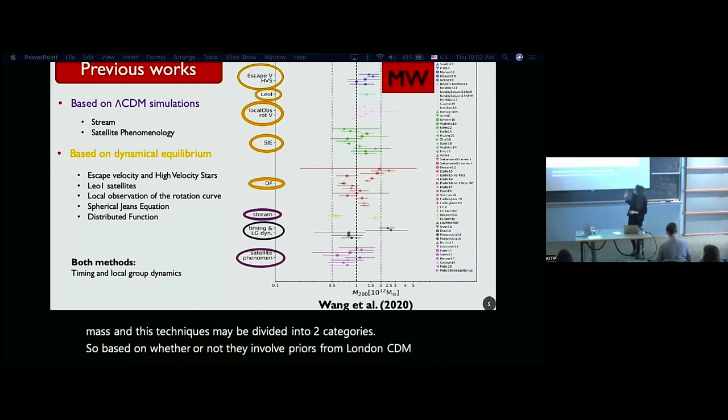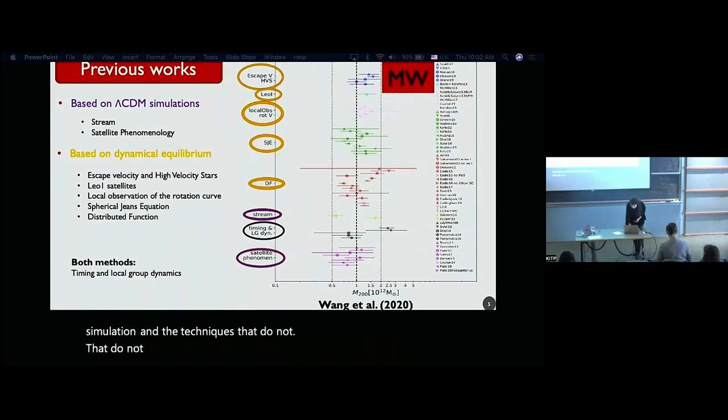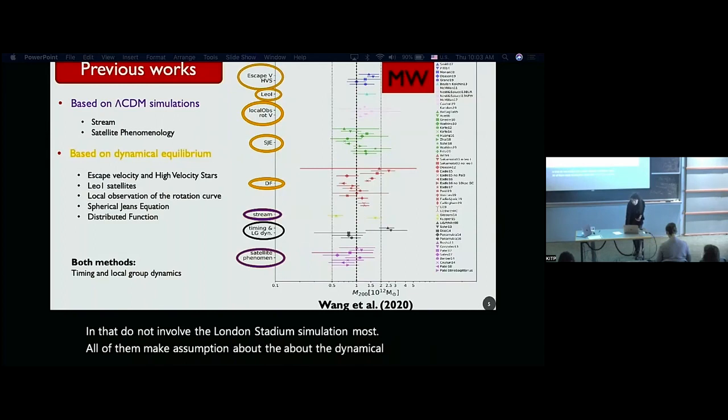The techniques that do not involve the Lambda CDM simulation must all make assumptions about the dynamical state of the system, and it is very common to assume dynamical equilibrium.